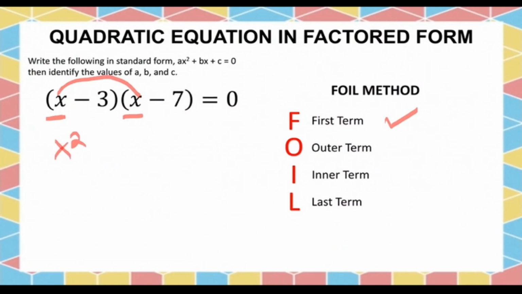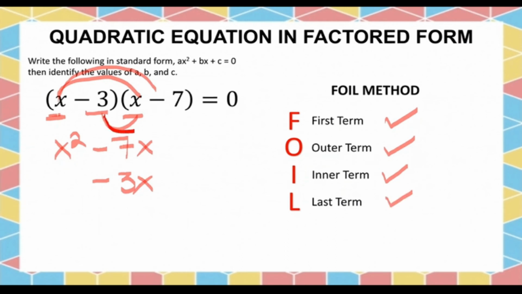Next, the outer term, we have x times negative 7. The product is negative 7x. Next, negative 3 times x, which is the inner term. The product is negative 3x. And lastly, the last term, negative 3 times negative 7. The product is positive 21.